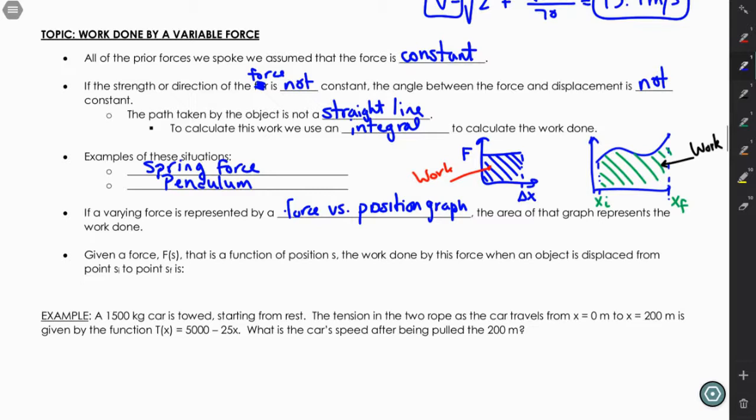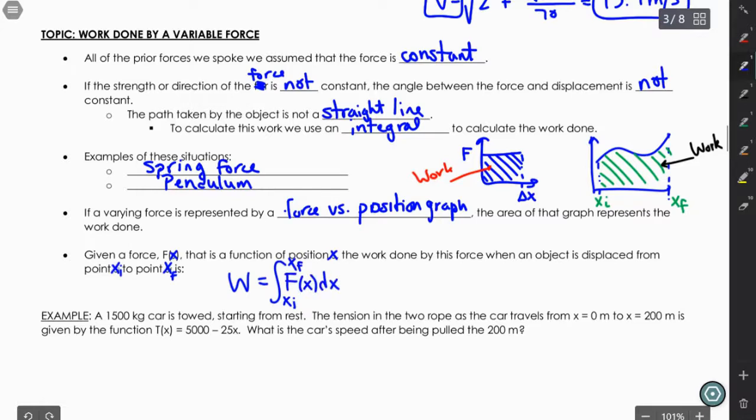So when you're given a force that is a function of position s or x, we'll call it x, not s. So we'll change all these s's to x. The work done by this force when an object is displaced from xi to xf is work equals the integral from xi to xf of f of x dx.